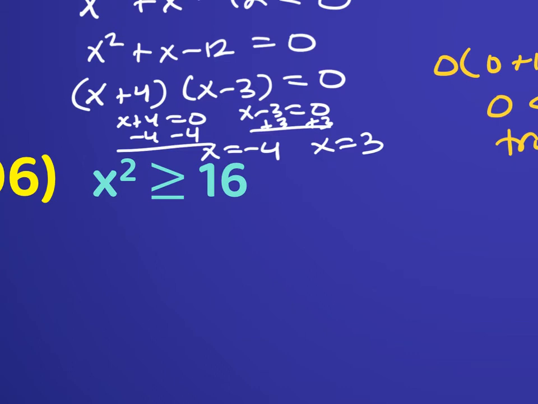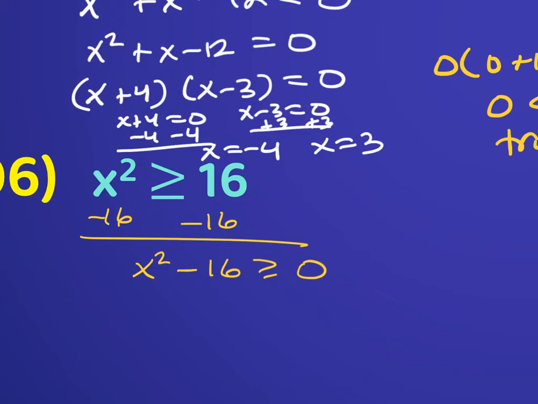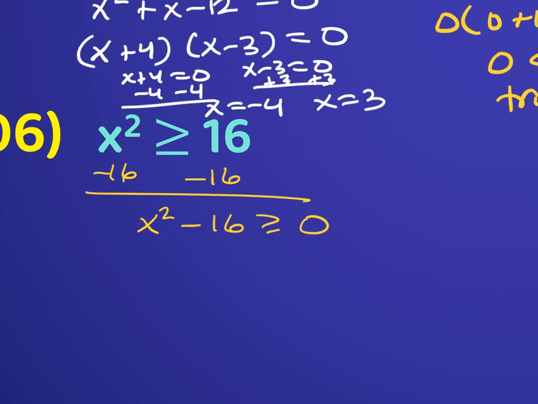So again, we need to get the 16 on the other side because the inequality has to have a 0 there. Change it to an equal sign. And now factor this. X plus 4, x minus 4.